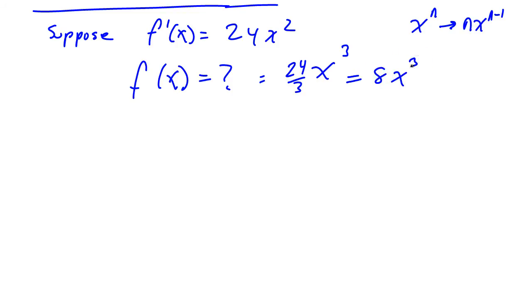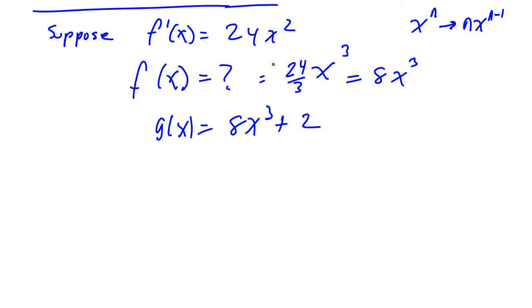Now, that's all fine and dandy, but someone else might say, wait a minute, I think this function g of x equals 8x cubed plus 2 is an antiderivative of that thing. I haven't really defined the word antiderivative yet, but this function has a derivative equal to that. Both of them do. It's true. So what other functions are there whose derivative is equal to this one?